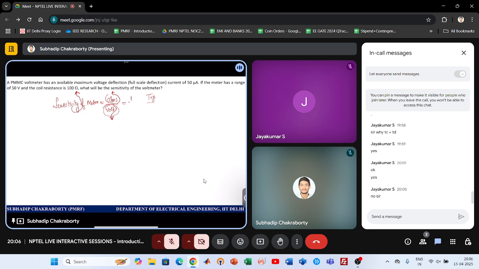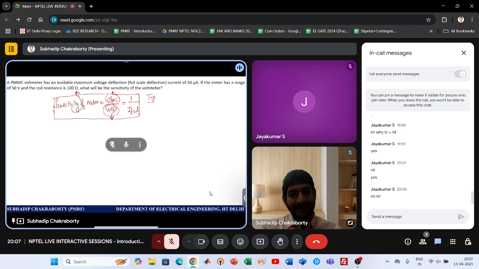So it can also be written as 1 by I full scale deflection. It is a measure of the meter characteristics, where you know the meter resistance and the voltage for full scale deflection, and you assess the parameter named sensitivity to compare with another meter to assess the deflection capability.